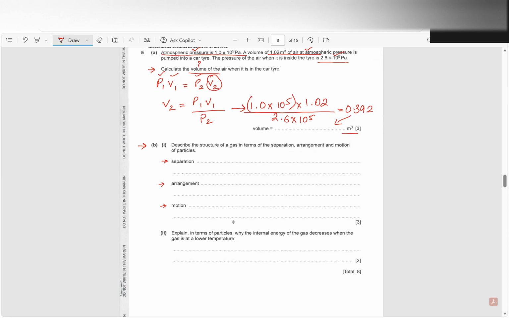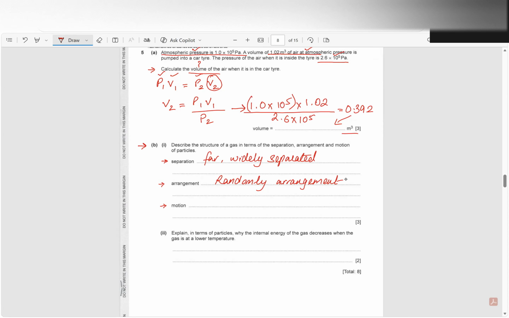For example, when we talk about separation, we need to understand that they're far apart from each other. They are widely separated from each other. Okay, arrangement. How are they arranged? Randomly, random arrangement. All right, moving on to the next part.